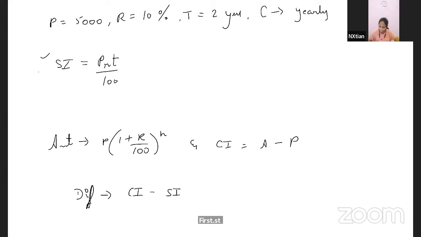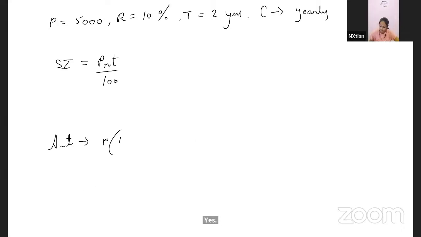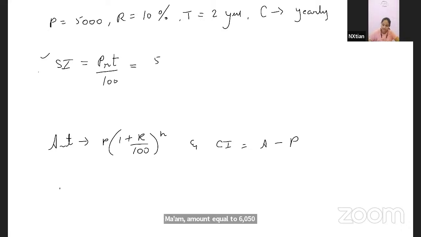5,000 into 11 by 10 into 11 by 10. So 50 into... Ma'am, amount equals 6,050. 6,050, that's right. Now calculate the compound interest.